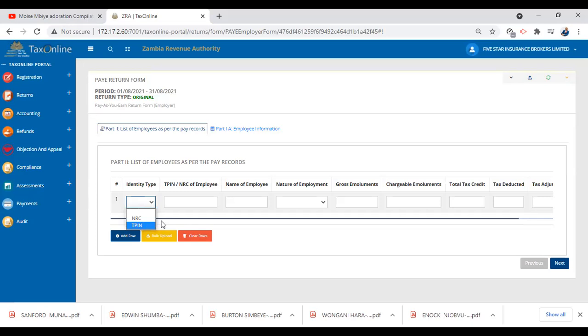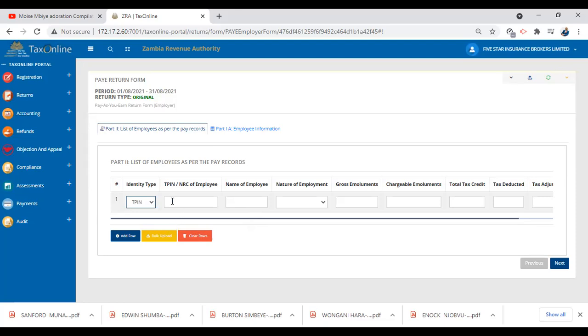So you make a decision based on the information available. At this particular point, we shall decide to use NRC number. Okay, so in that case, we shall put in the NRC, or perhaps let us use the TPIN, to be easier because I have one here.